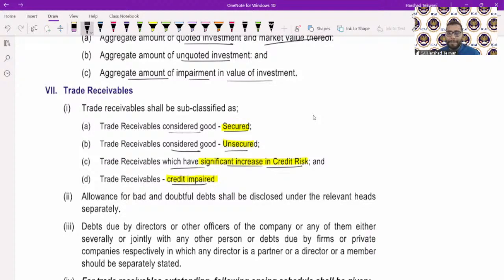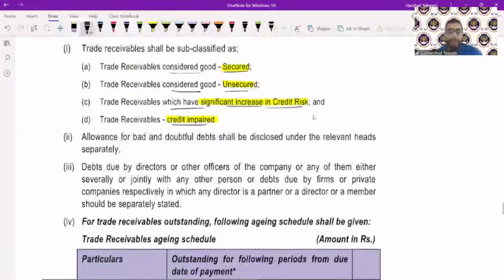Clear? Then if there is something doubtful and you have created a provision or allowance for that, you need to disclose it separately under the relevant head.